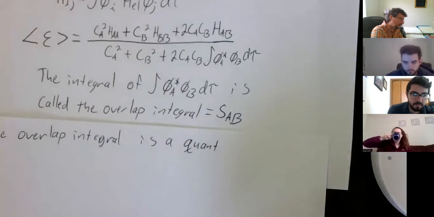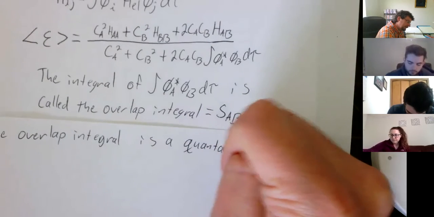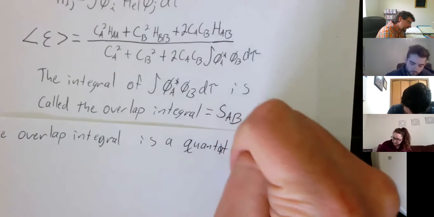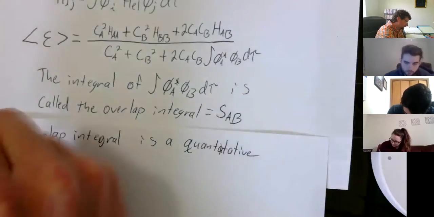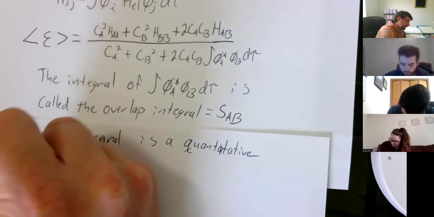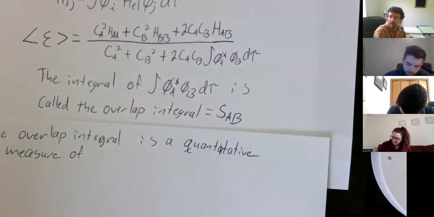So the overlap integral is a quantitative measure of the overlap between the AOs.